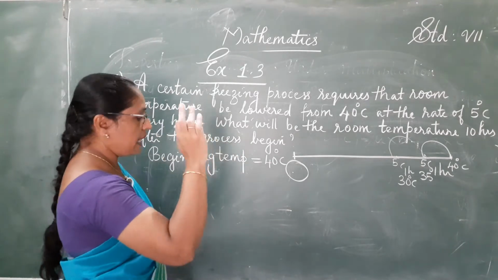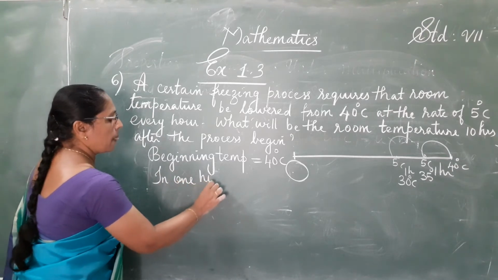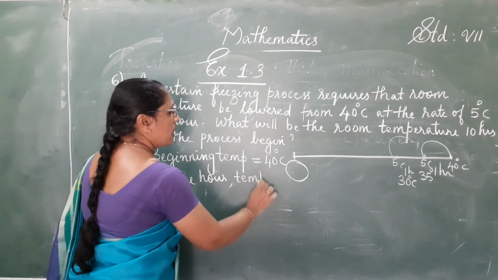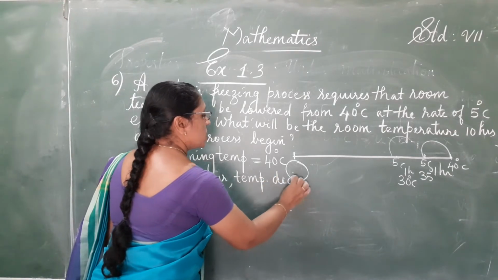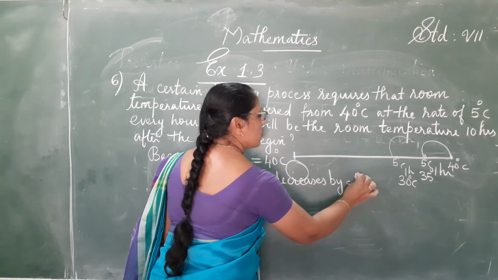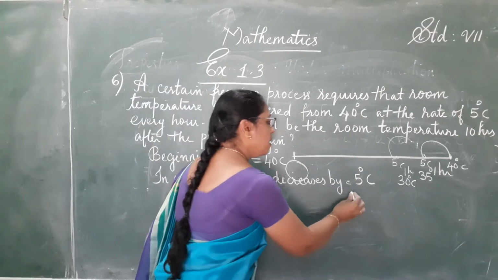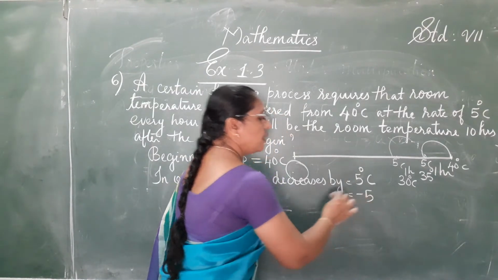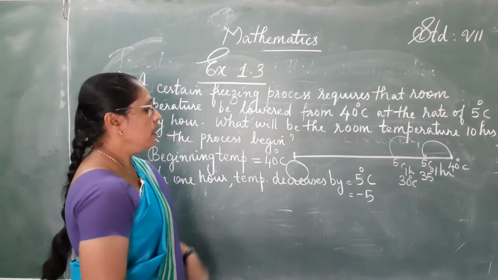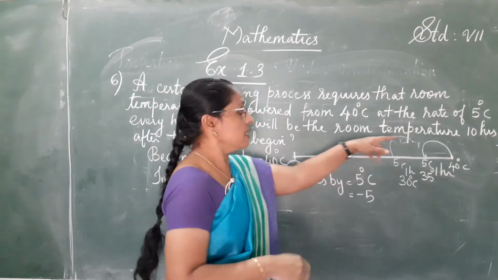In every 1 hour, the temperature decreases by how much? 5 degrees Celsius. Decreasing. So, in integers, how do you represent it? -5. 5 degrees Celsius moving backward. Okay. That means this is happening in 1 hour. Our question is about after 10 hours.